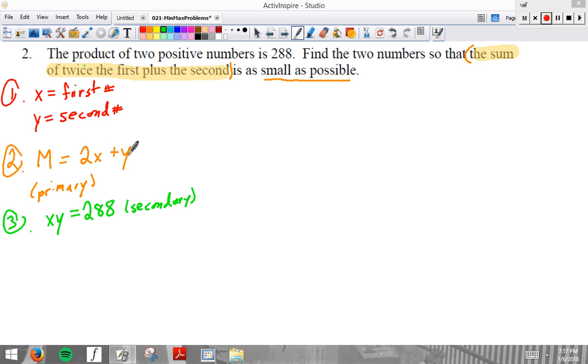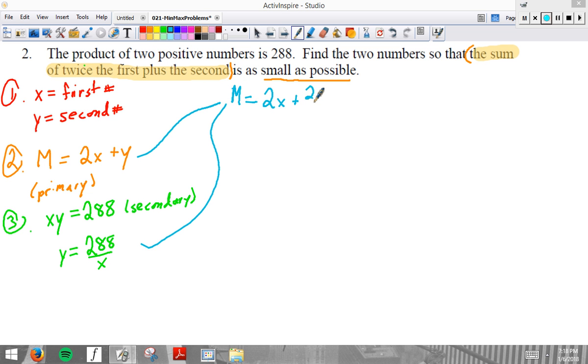Since I want to replace y up here, I want to solve for y here. So y equals 288 over x. And combining this one and this one gives me my new equation that I'm interested in, which is m equals 2x plus 288 over x.